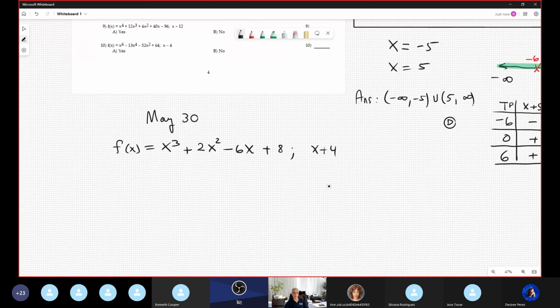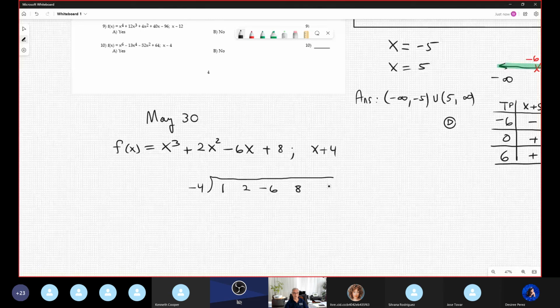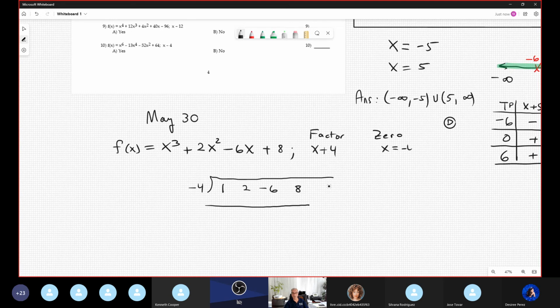You copy inside the box the coefficients of the polynomial: 1, 2, -6, and 8. And you copy the divisor with the opposite sign, -4. This is an important detail. Because the factor is what I need to prove, but the zero is x equal to -4. So it is the -4 that I put here.